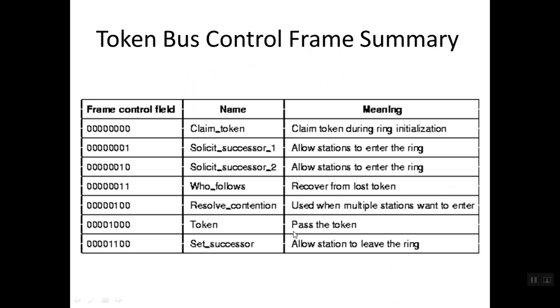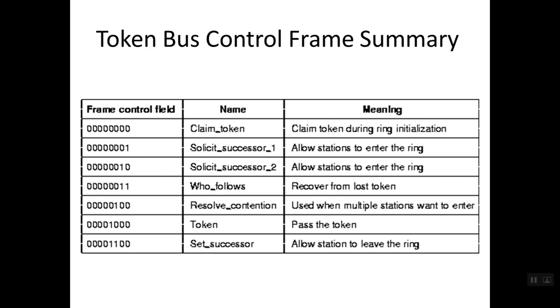Okay, so these are the different control frames in token bus. These are the frame names, and this is the frame control field. These are the different control frames, and these are the uses of these control frames. So what are the control frames?